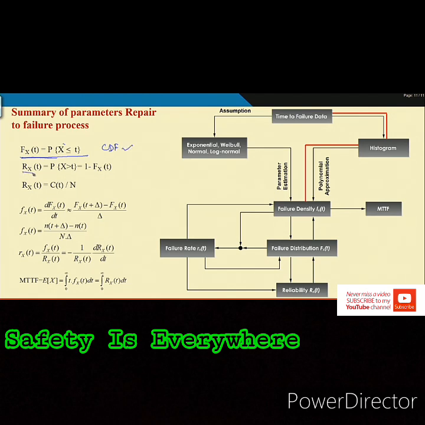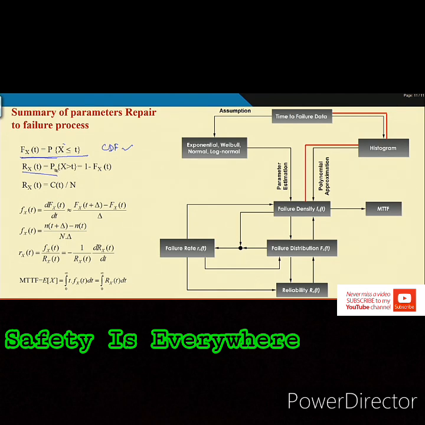Then you have understood R(t), which is the reliability of the component, unit or system. Reliability means the probability that the unit will operate for the intended period of time under the given environmental conditions for which it is intended to work.